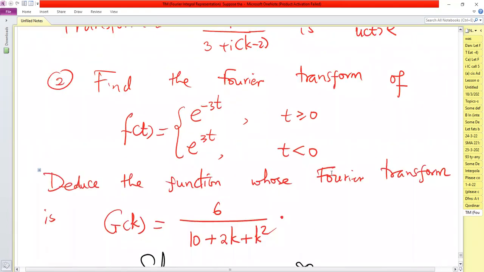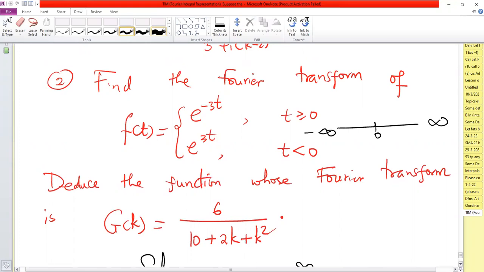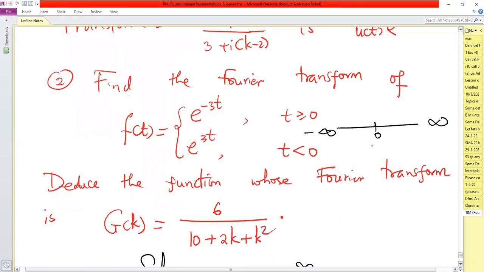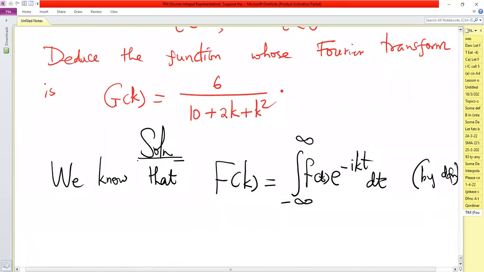Now, the interesting thing about the limits is that we have minus infinity to positive infinity, and we have been given a 0 here. So this interval has been split into two subintervals, where from minus infinity to 0 we have e^(3t), and from 0 to infinity we have e^(−3t).